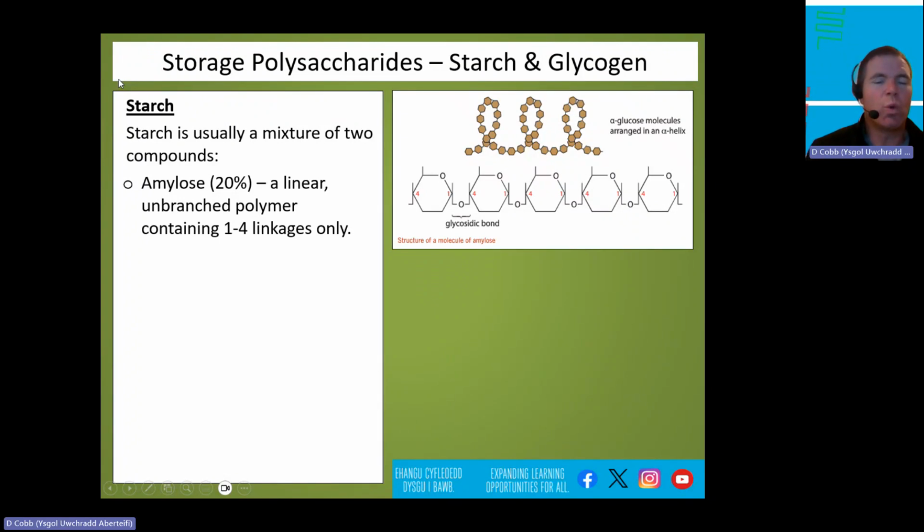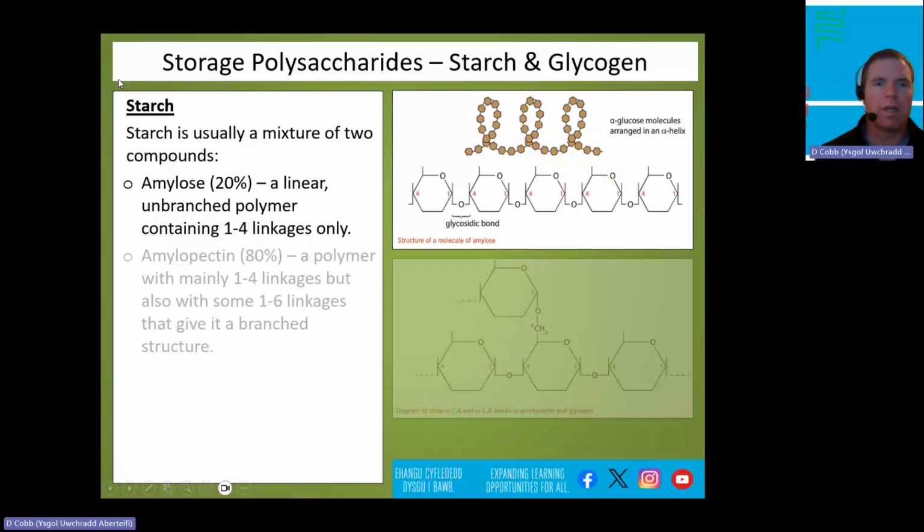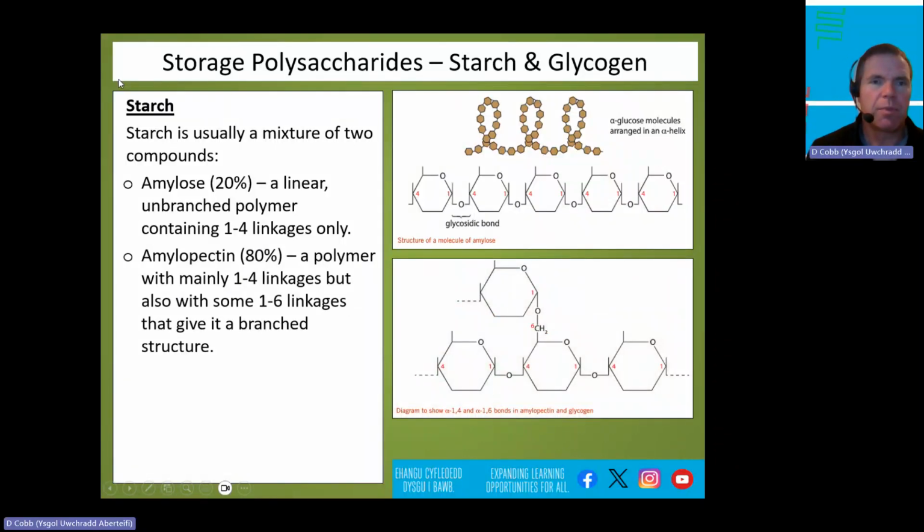We say they're 1,4 bonds or 1,4 linkages because it's joining the carbon 1 to the carbon 4, just like I showed when forming the disaccharide. That was carbon 1 joined to a carbon 4, so it's a 1,4 bond. There's another component of the mixture which makes up starch, and that's called amylopectin.